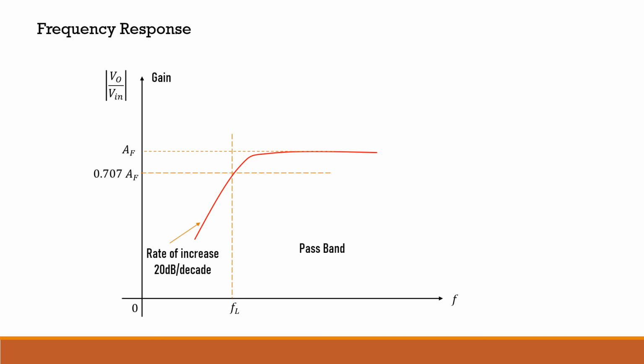This is the working of the high pass filter: all signals above a particular frequency are allowed to pass into the system and other frequencies are blocked.